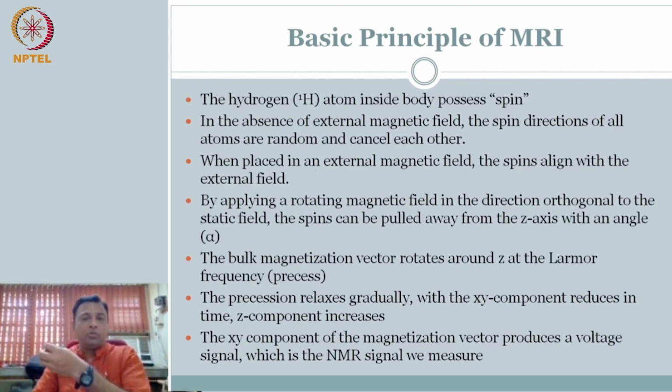This object happens to be a positively charged proton. So when you have this spinning, there should be some relationship between the angular momentum and the magnetization vector, related to the material property of the object. That is what we will see in the next few slides.